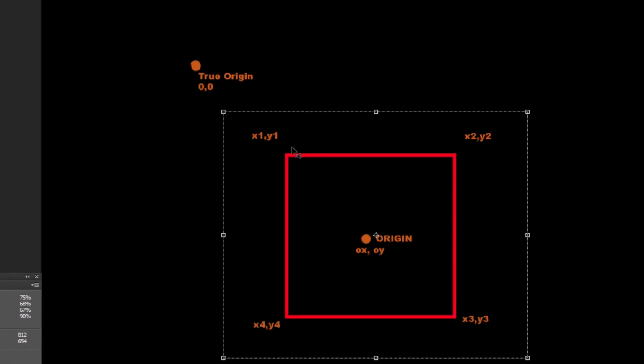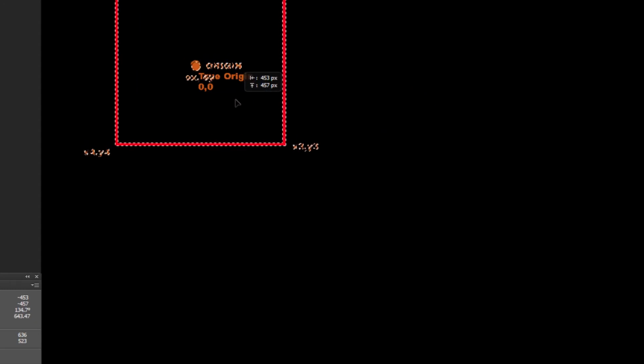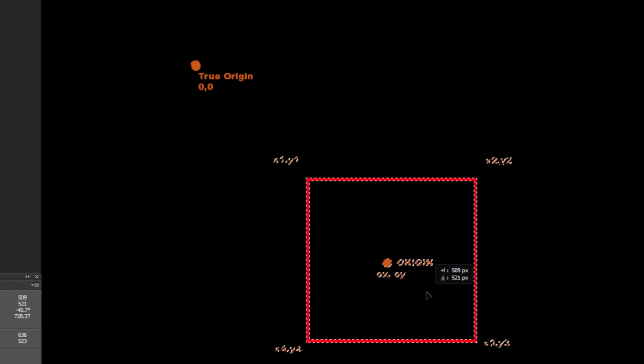So basically what we need to do is take this top left-hand corner, x1, y1, and subtract this origin amount. So that's this distance between the true origin, 0, 0, and this OX, OY. So we want to subtract OX, OY for all of the coordinates, and that will effectively translate everything around the true origin, and then we can apply our rotation to those, and then we'll add it back later so it's where it should be on the screen again.